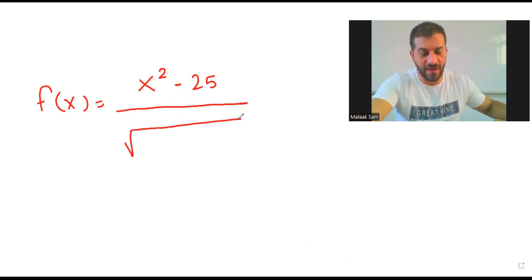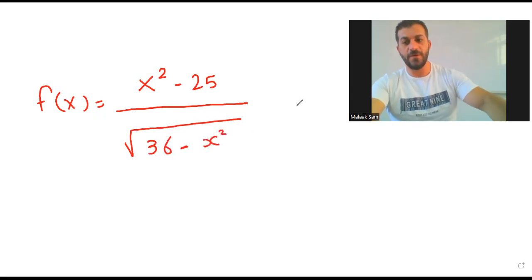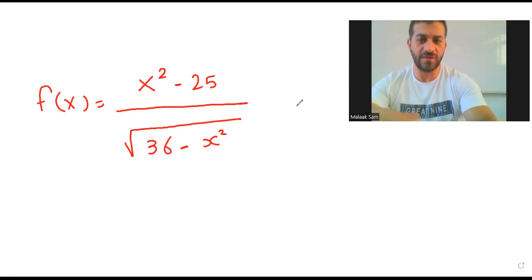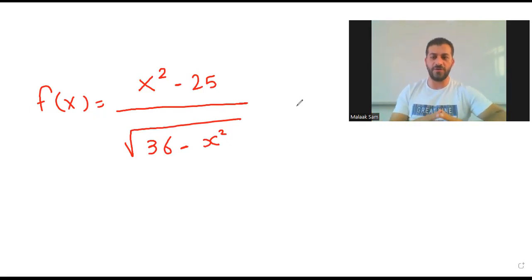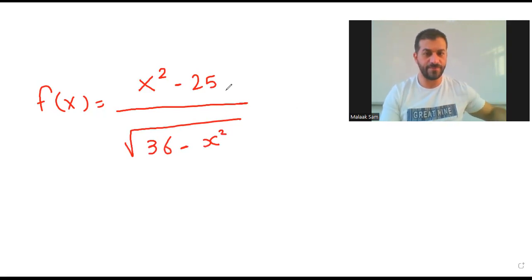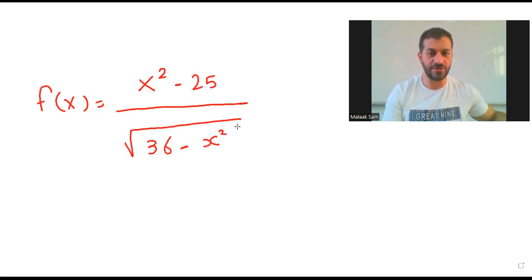And I have down the square root of 36 minus x squared. Look at the function again and determine all possible values of x we can get. Actually, we can get all positive values only for the denominator.